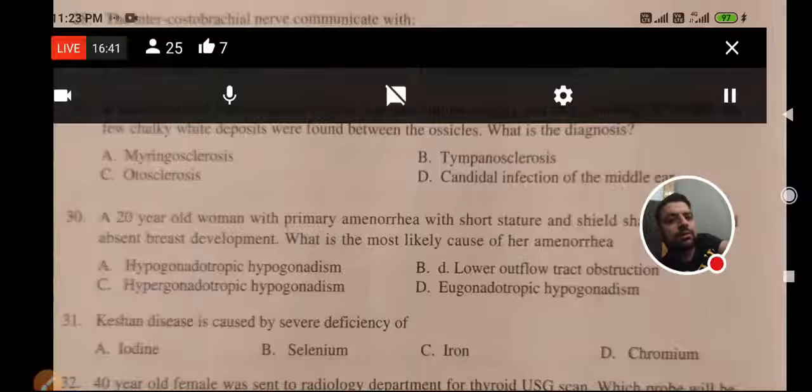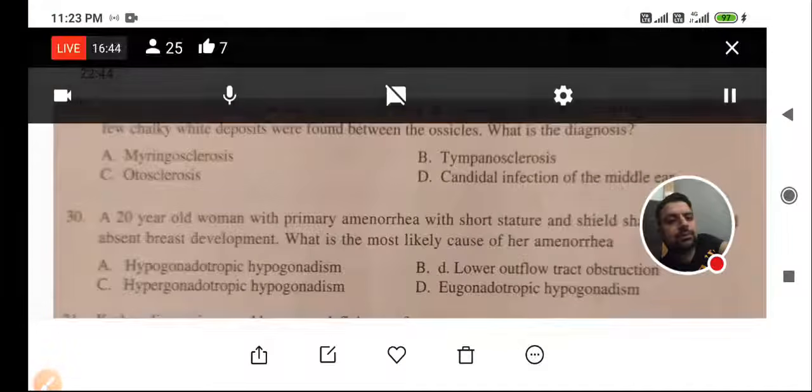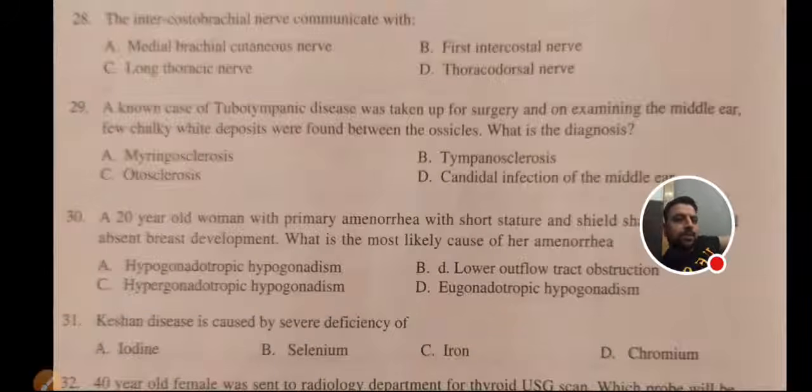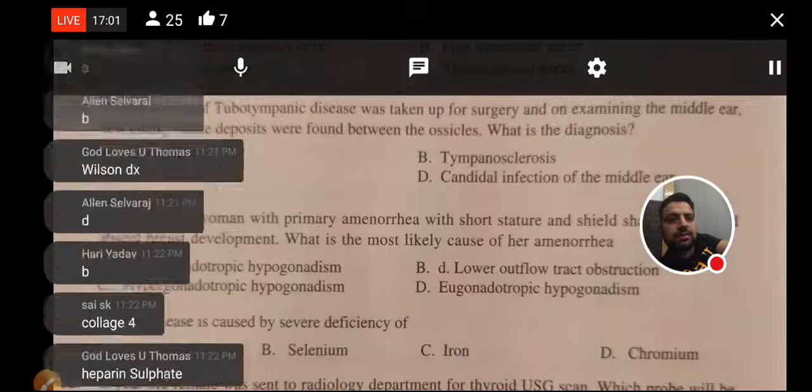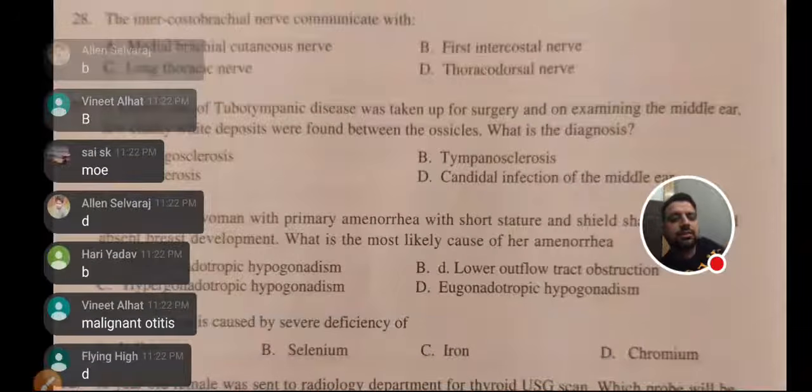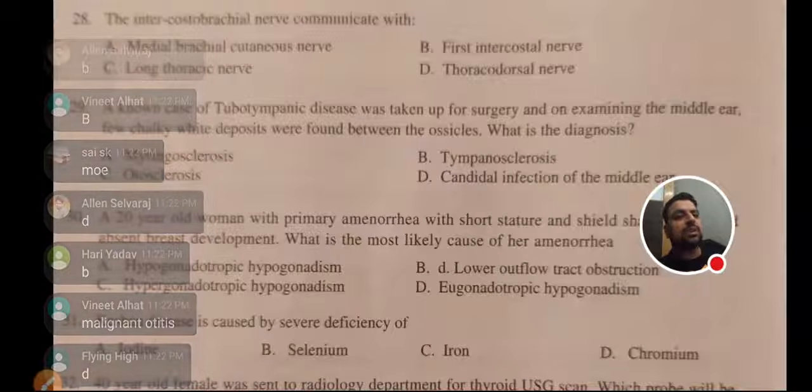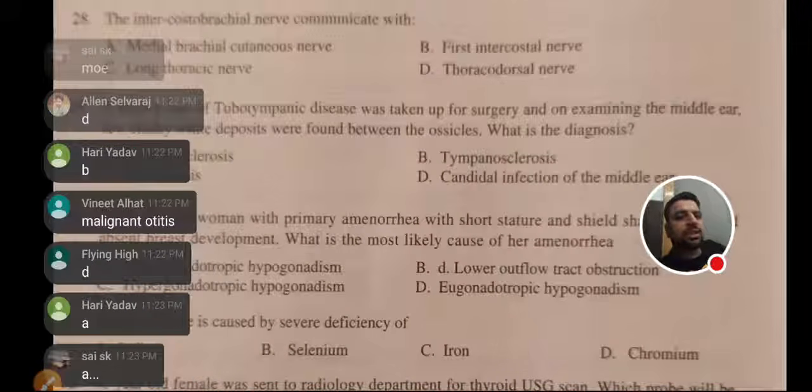Now, the intercostobrachial nerve communicates with: medial brachial cutaneous nerve, first intercostal, long thoracic nerve, thoracodorsal nerve. For the 28th question, the best answer is medial brachial cutaneous nerve.